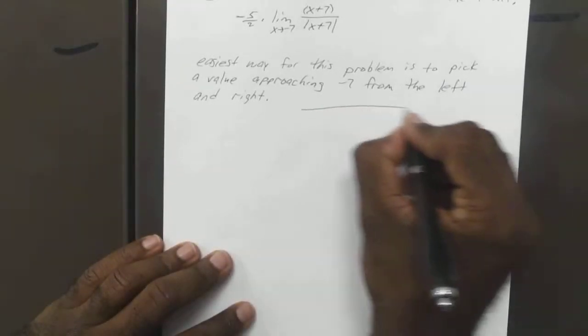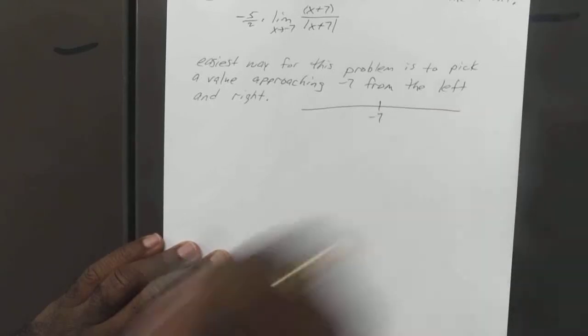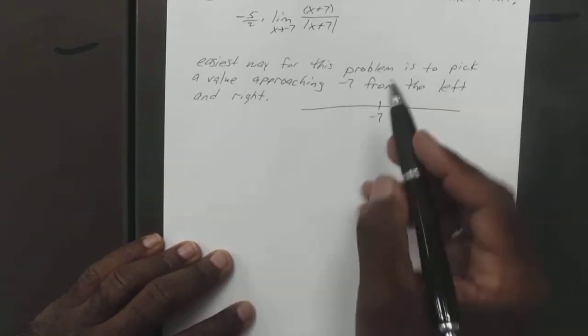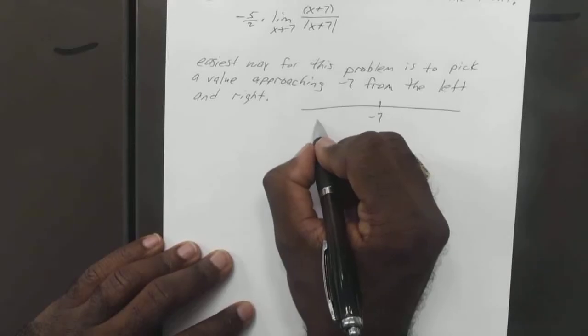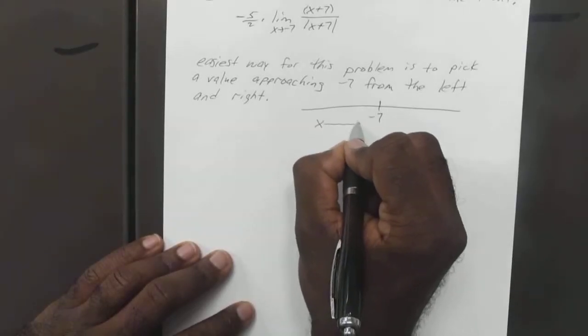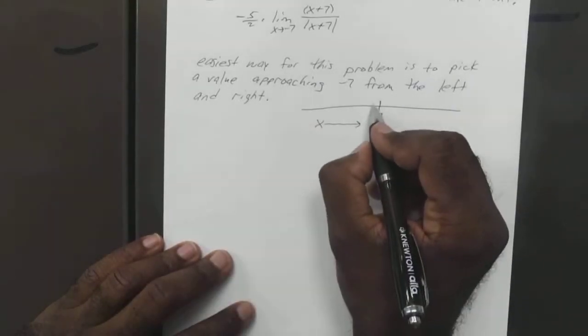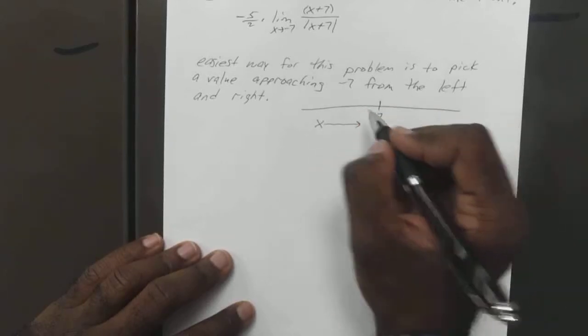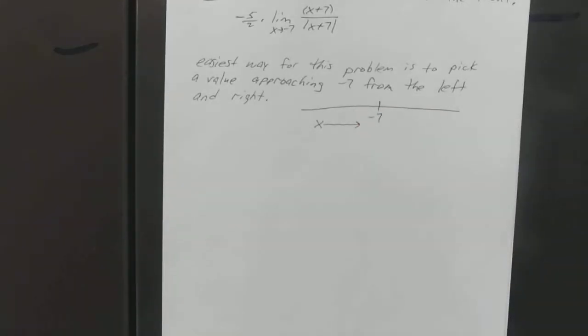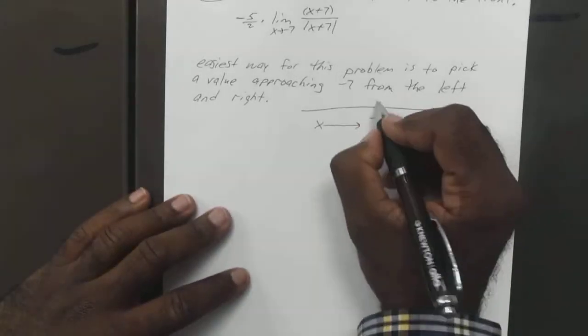Okay, so just on our number line, if we have our negative 7 here, from the left, we'll pick x equals negative 7.01.